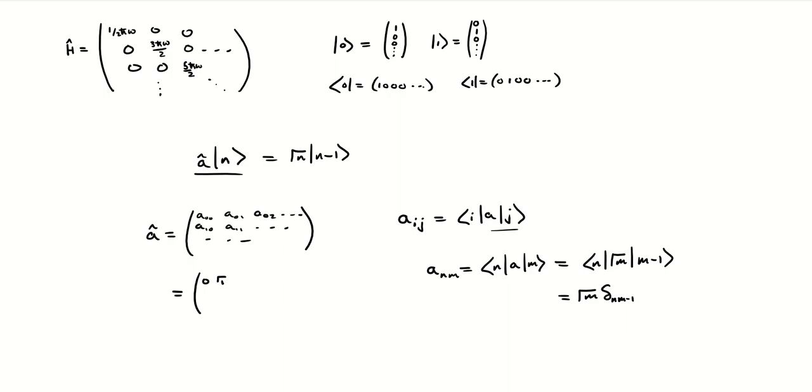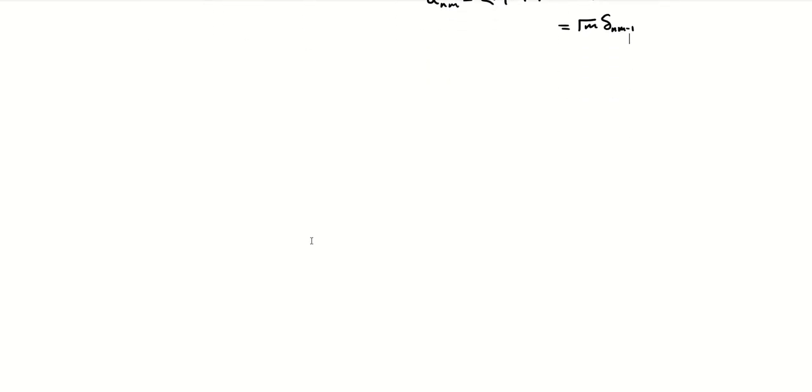This is a little small. I'm going to blow this up for us. We end up with this operator being 0, root 1, 0, 0, etc., then 0, 0, root 2, 0, and so on and so forth, right? It has off-diagonal elements throughout our whole infinite dimensional space.